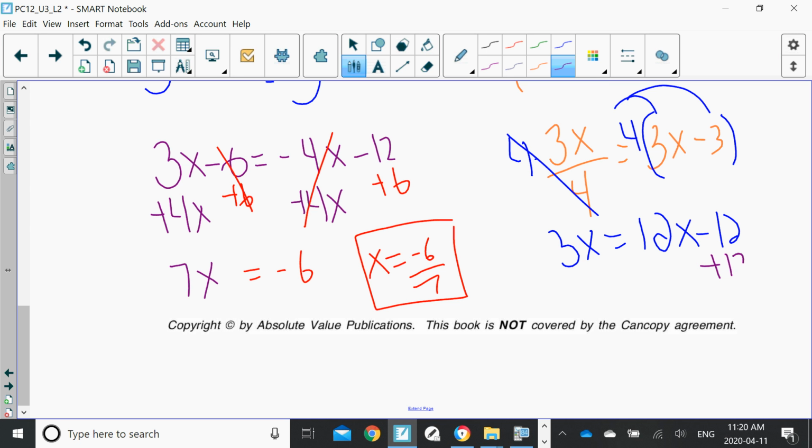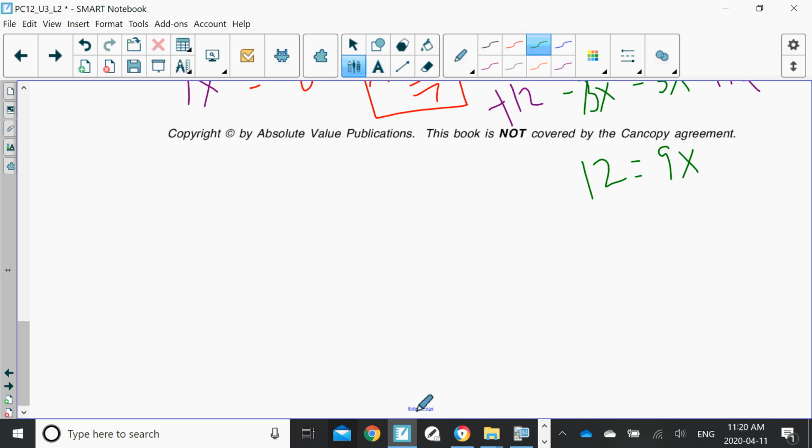I'll add this 12 to bring that over there. And I will subtract 3x. So I'll have 12 on the left-hand side is equal to 9x. From here, isolate your x by dividing by 9. And x is equal to 12 over 9, which reduces to 4 over 3.